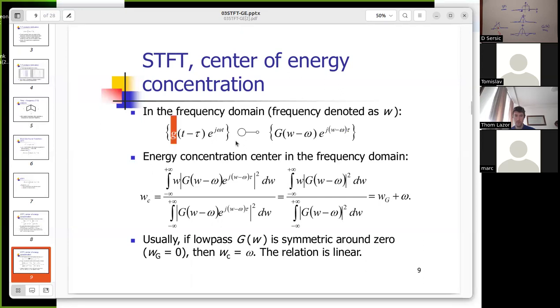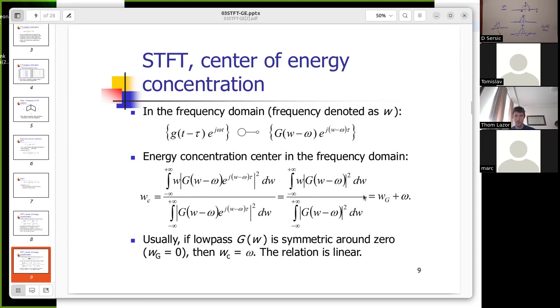Of course, this is the time function and this is its spectrum. So the calculation of the center is pretty much the same, and we have the same conclusion. We use a different letter. Notice that we use W just for the frequency here, not to be mixed with omega from our analysis function. So the result is that the center can also be at 0 if we have a low pass spectrum which is symmetric around 0.